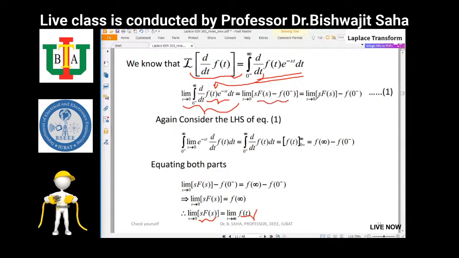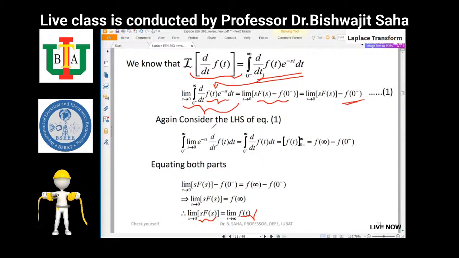So when you put the limit s tends to 0, it becomes limit s F of s minus f of 0 minus, because there is no s with this, that's why it's separated from the limit.